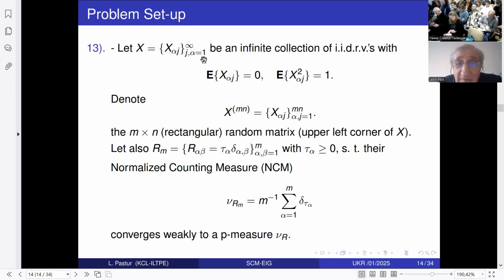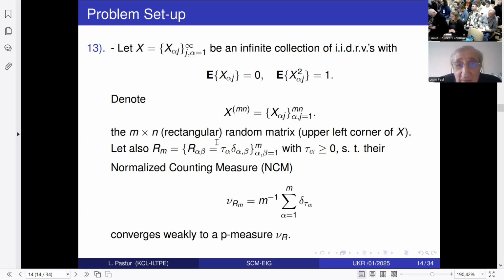We have an infinite collection of these random variables that we wrote as a double infinite, semi-infinite matrix. Better to say, a table. And then we have these properties, and we take the upper left corner of size Mn, and we view it as a matrix. Now it's just a matrix of finite size.